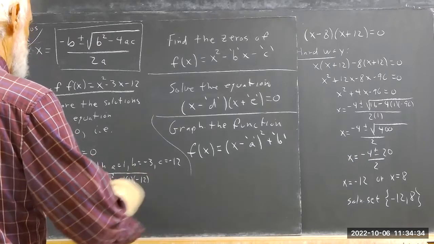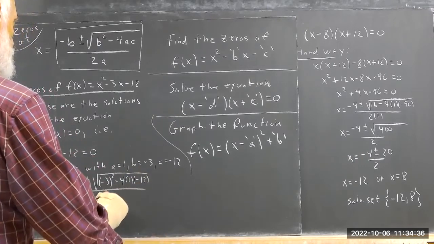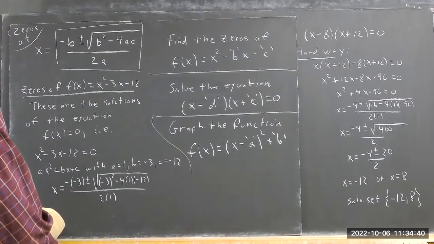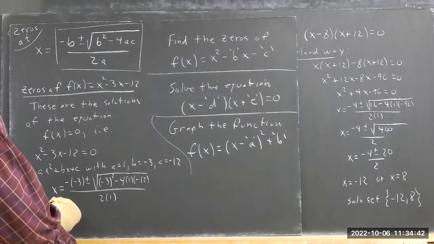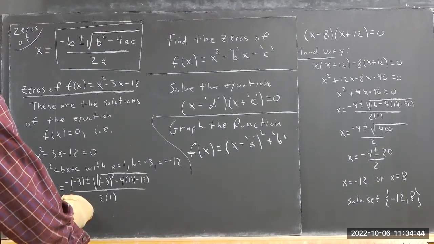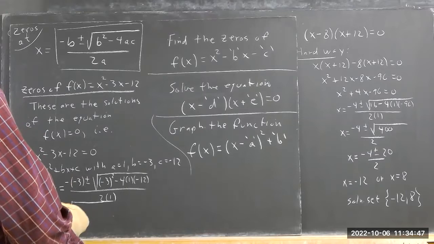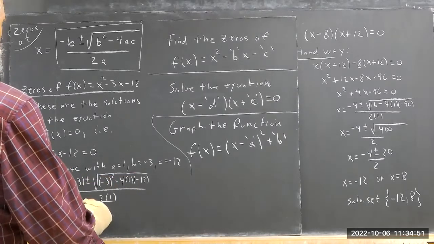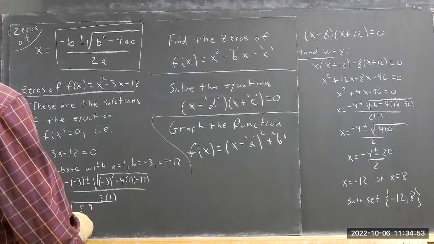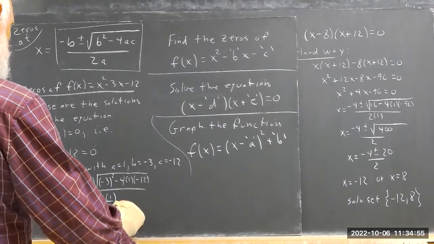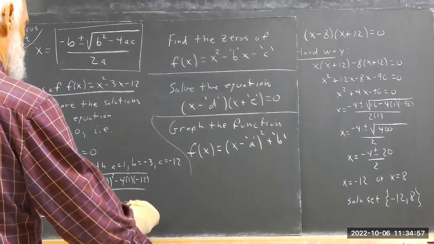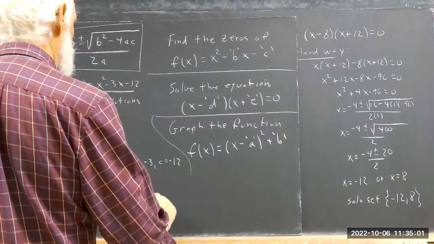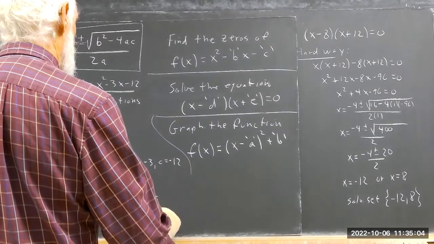There's a minus 12 under the root of that this time, over 2 times a. Well, that works out to 3 plus or minus the square root of, that's going to be 48, that's going to be 9, so that's going to be 57, over 2. I'm going to write that as 3 halves plus or minus the square root of 57 over 2.